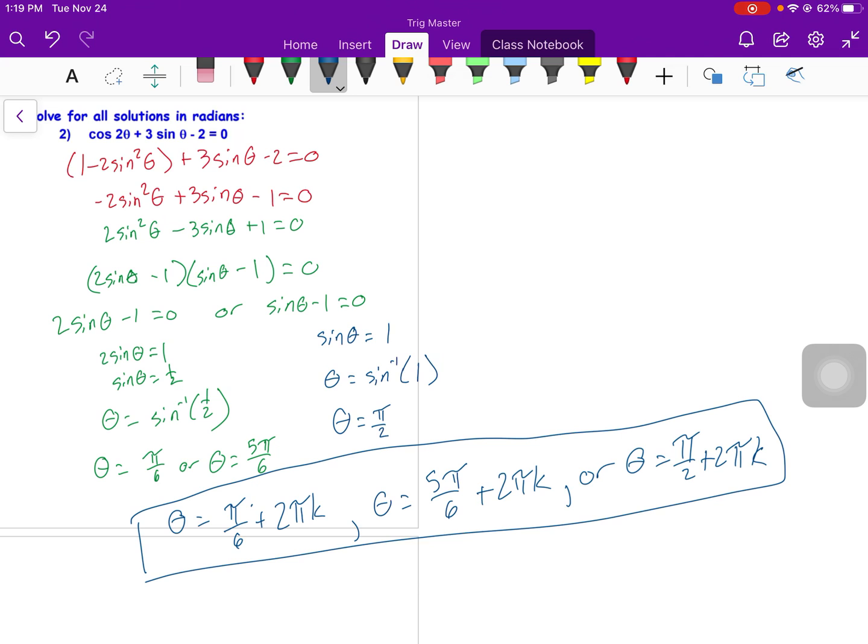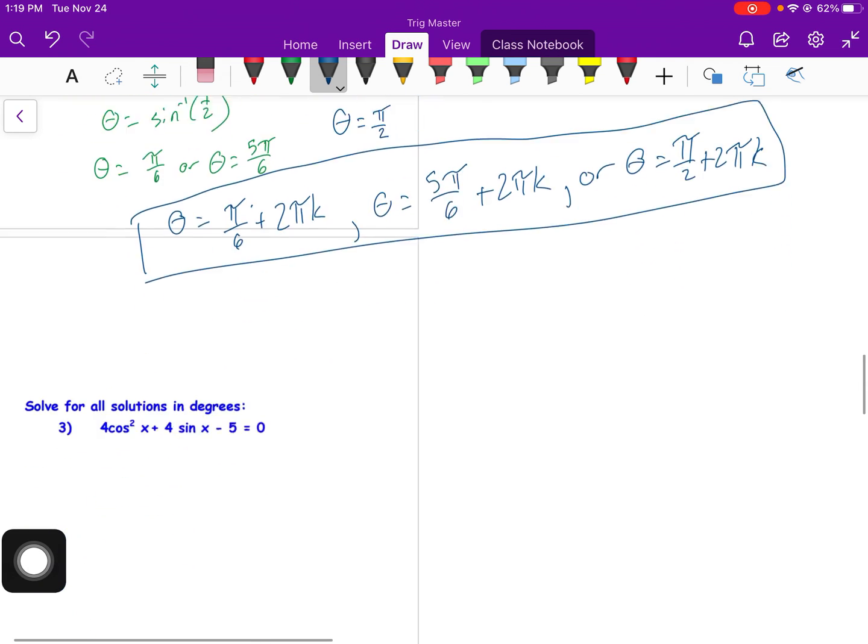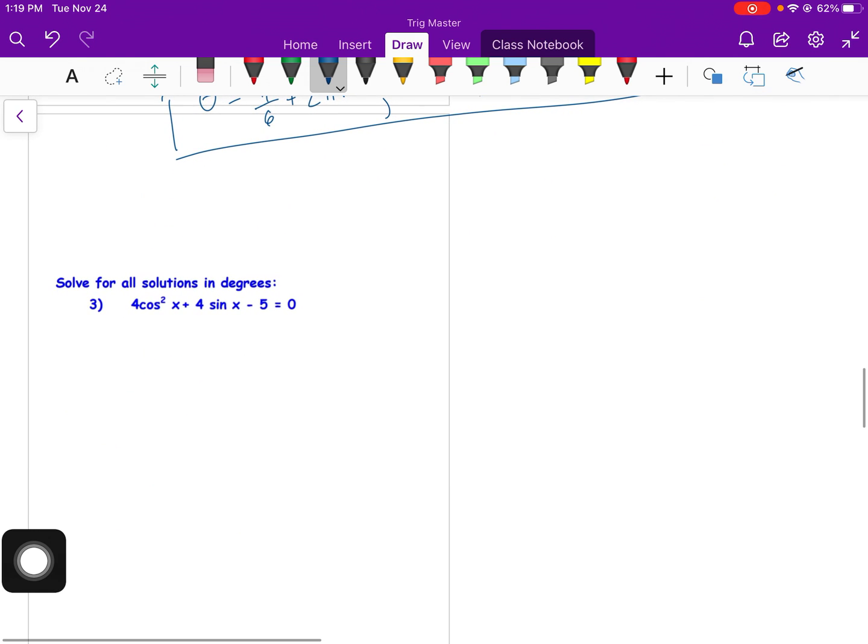You have 1 rotation, 2 rotations, 3 rotations. You could have 0 rotations, in which case you get the 3 answers we actually found algebraically. These just give every possible answer, because if you just kept going around the circle, you'd be repeating your angles, is what's happening there.